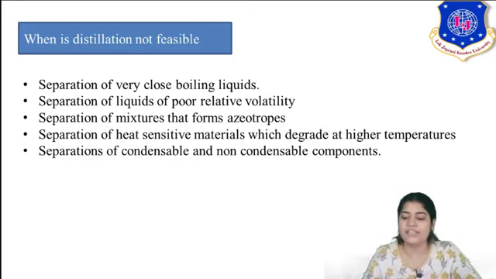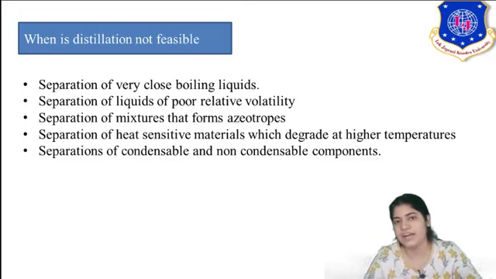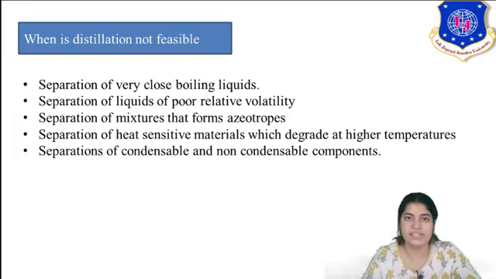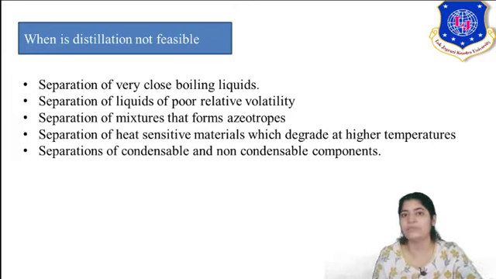For heat sensitive material, the chemical constitution changes when they are subjected to high temperature, and such materials are called heat sensitive materials. So we cannot supply too much heat to such materials because they will degrade, and we don't want the degraded product. There is no meaning if the whole constitution of the product changes.